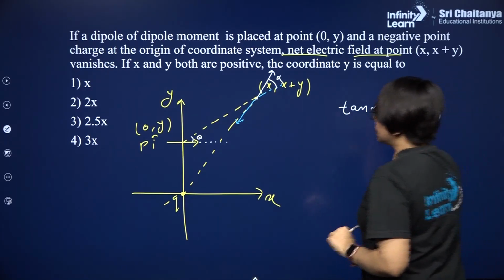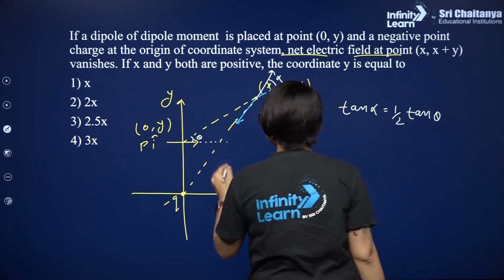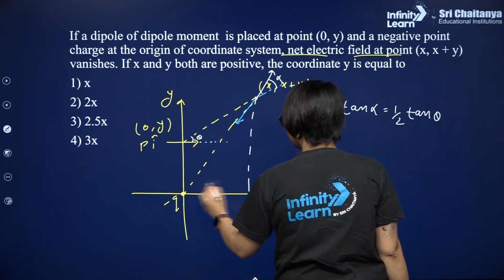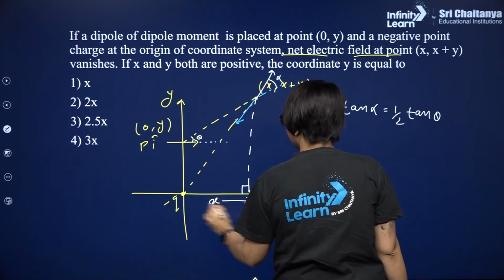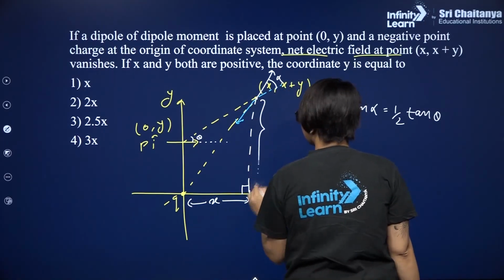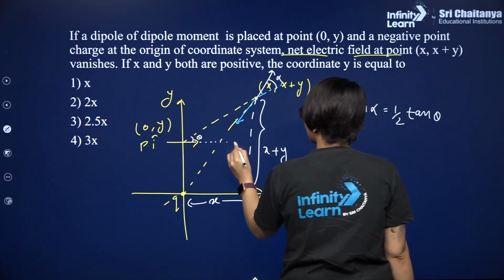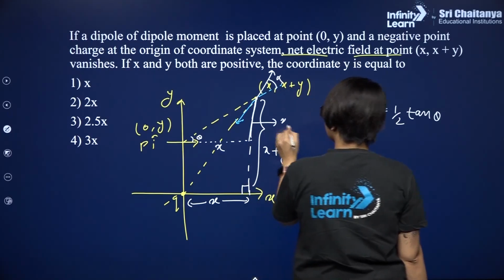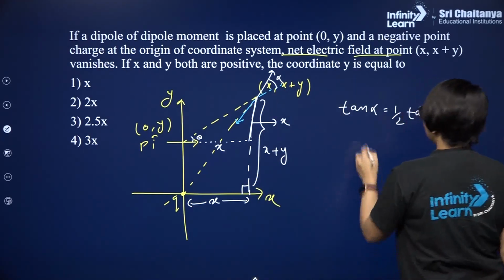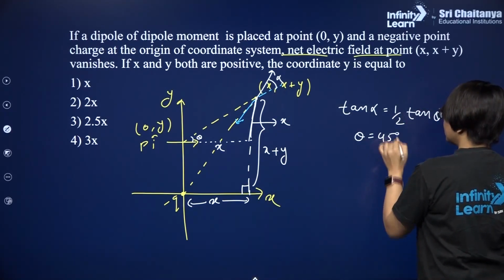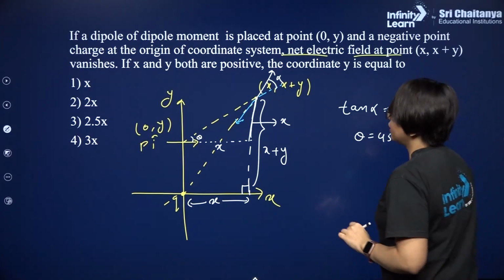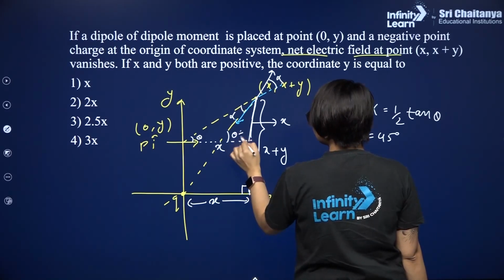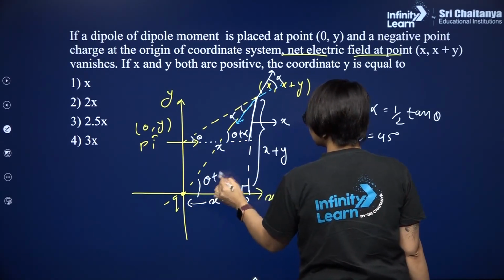And over here, if you take this triangle, this is x and this complete is x plus y, and this is x and this much is again x according to the coordinates. So theta over here is 45 degree, right? Now if this is alpha, then this is also alpha. So this is theta plus alpha, and this is also theta plus alpha.